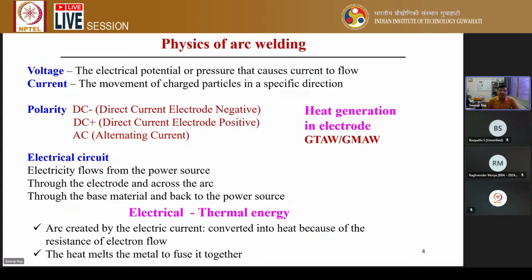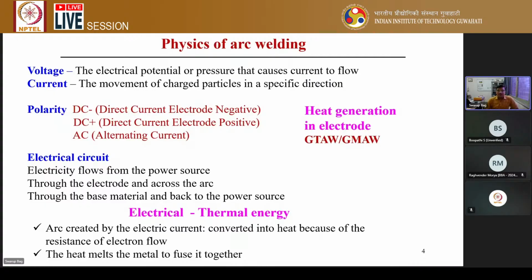Those electrons will be attracted by the positive workpiece, because if you look into the electrical circuit, with the electrode negative and the workpiece positive, most electrons will be attracted to the positive workpiece. When electrons move towards the positive workpiece, kinetic energy will be released to the workpiece and more heat will be generated there.